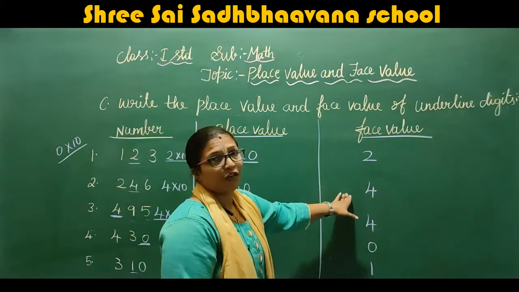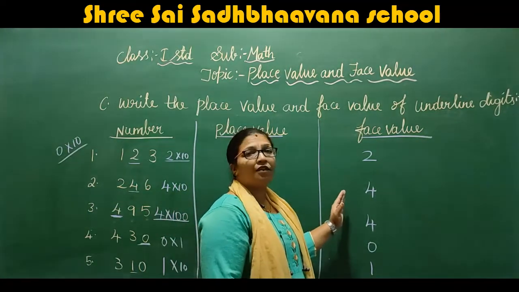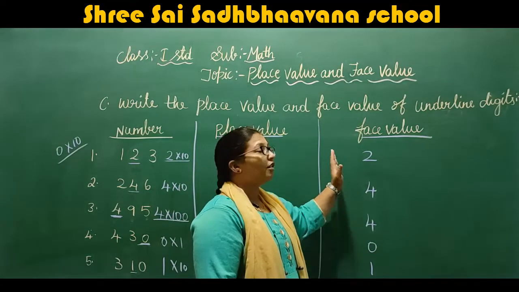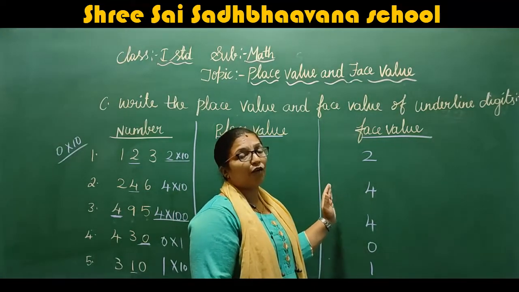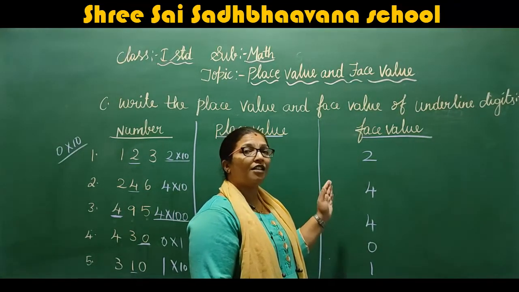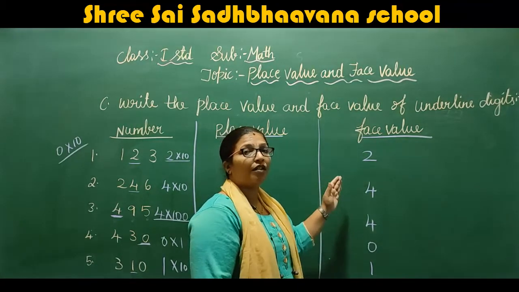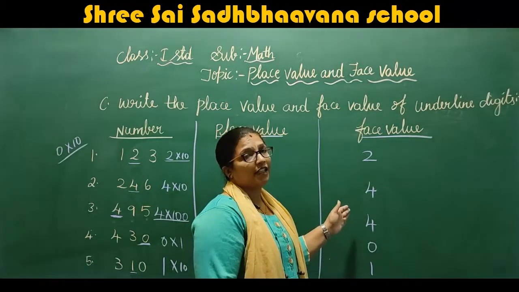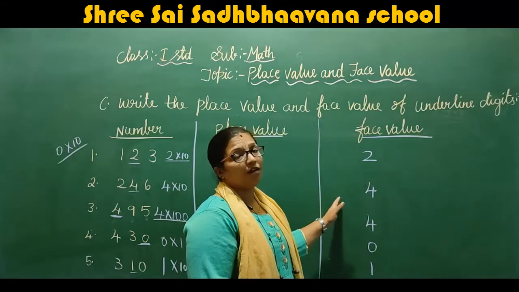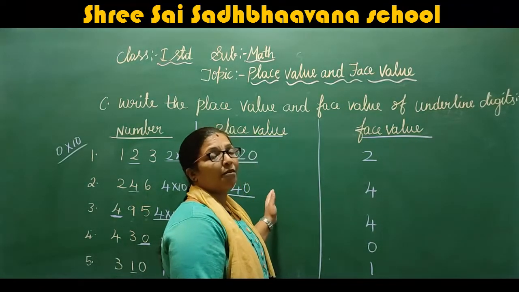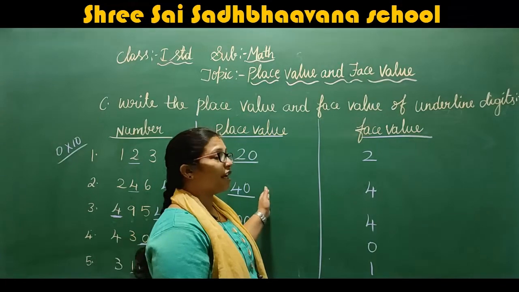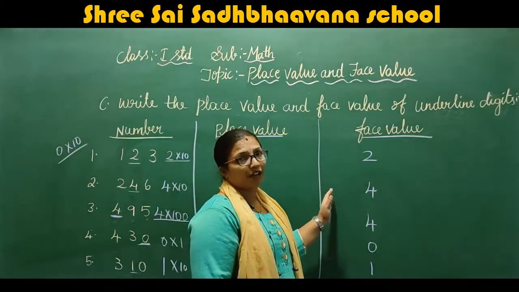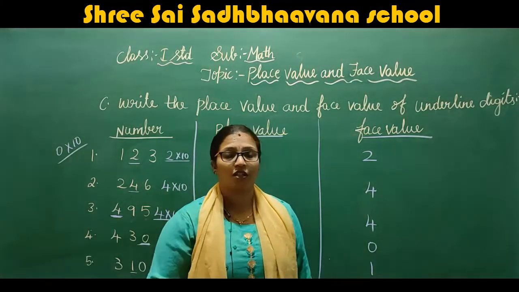In face value, the value of the digit will not change. The face value will be the digit itself. Only in place value will the value change for the digit. In face value, it won't change.